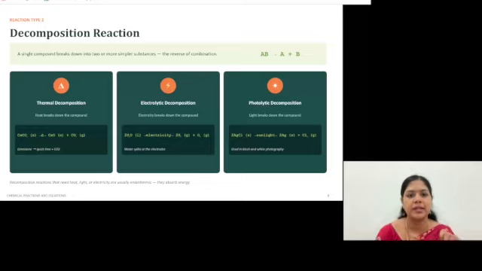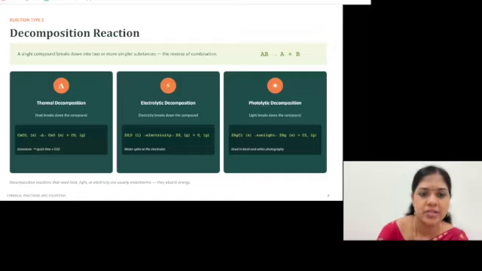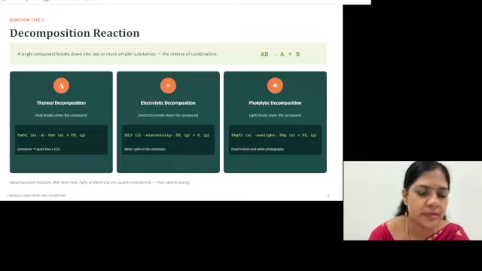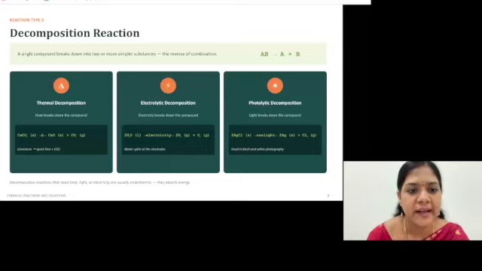One is thermal decomposition reaction, then electrolytic decomposition reaction, and photolytic decomposition reaction. So here let us look at each examples. Limestone breaking into quicklime and carbon dioxide is a classic example, and this is how cement is made in the industries.